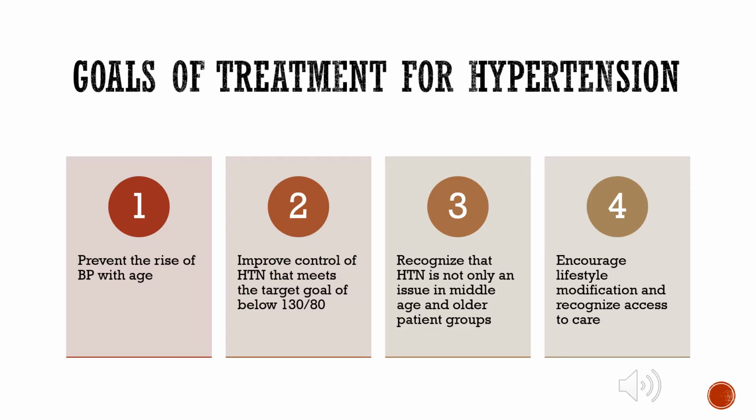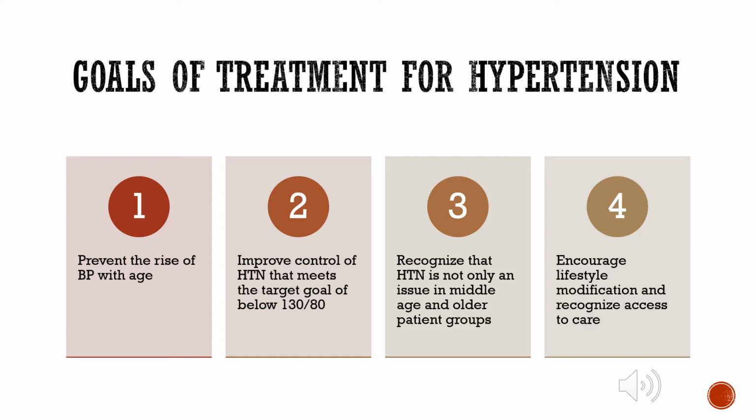The goal of treatment for hypertension is to really prevent the rise of hypertension with age, because we already know that as a patient ages, their risk of hypertension goes up. We want to improve control of hypertension, and we want to make sure that the patient's target goal is below 130 over 80. We want to recognize that hypertension is not the only issue usually.